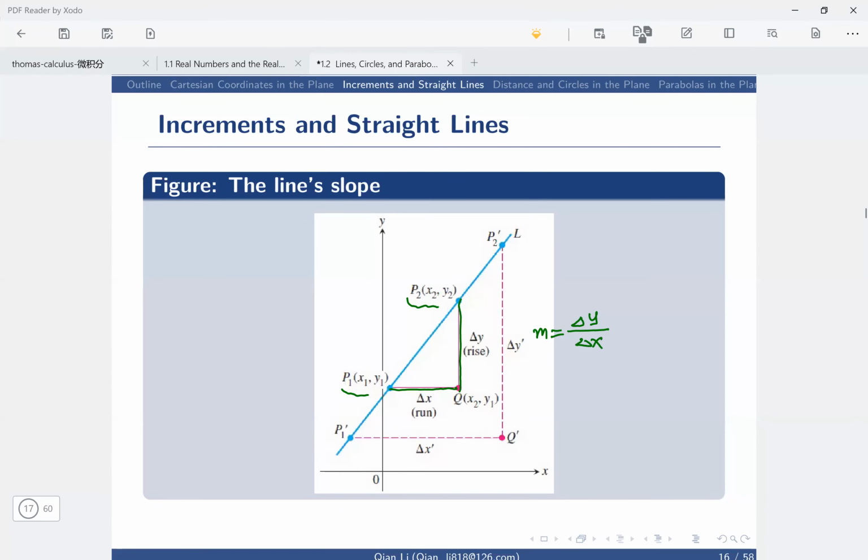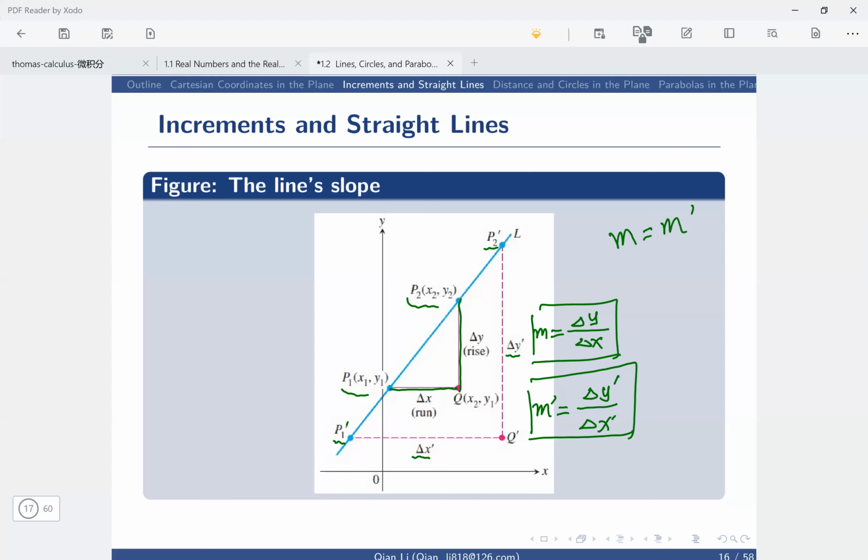And if there is another point P, and we use a new delta y prime and a new delta x prime, then m prime is equal to delta y prime over delta x prime, and this is also the slope of this line. Let's see this slope m and m prime are equal.